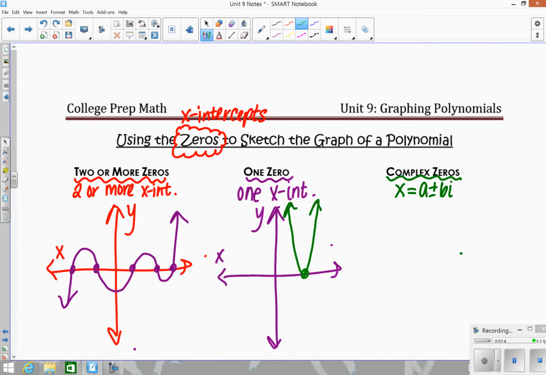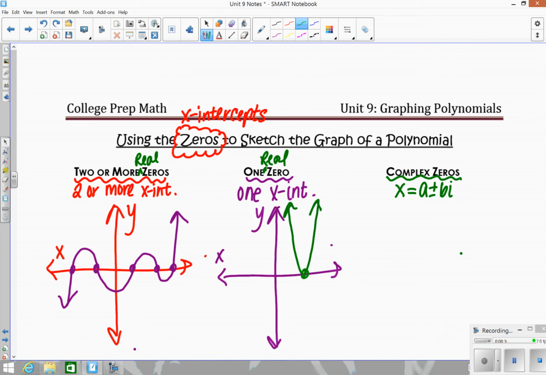But whenever you have complex zeros, these are actually not going to show up on your graph as x-intercepts because these are complex numbers, where these would be one real zero, let's say, and two or more real zeros. So since these are real solutions, that means they show up on our x and y real coordinate plane.